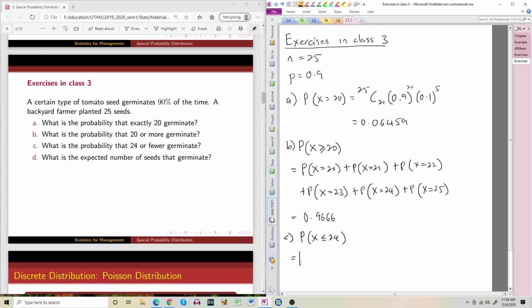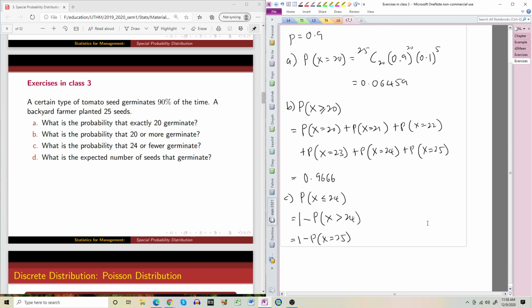You can do like this: 1 minus, and if you do this, your answer should be 0.9282.